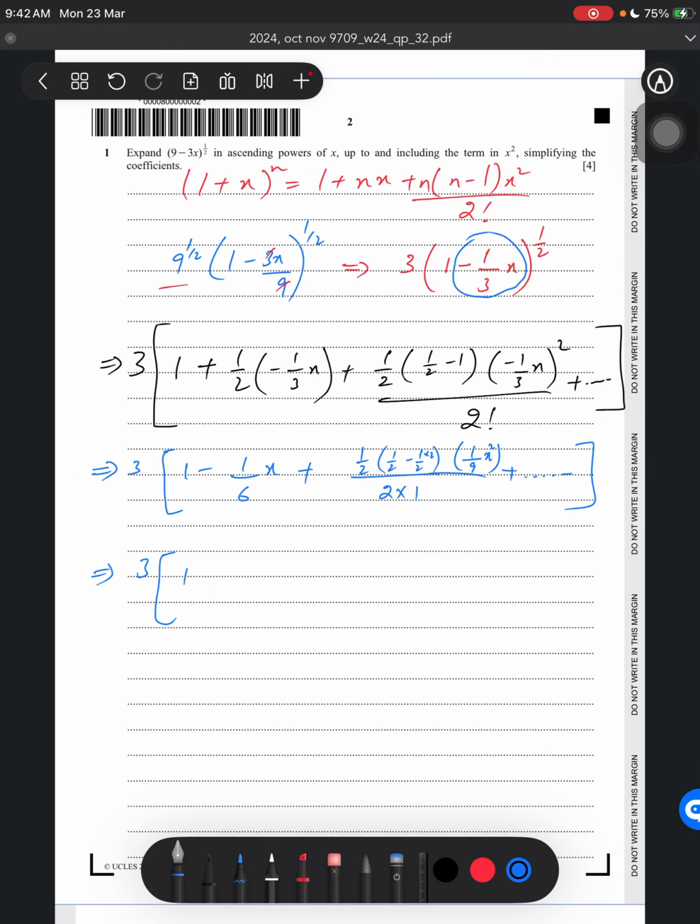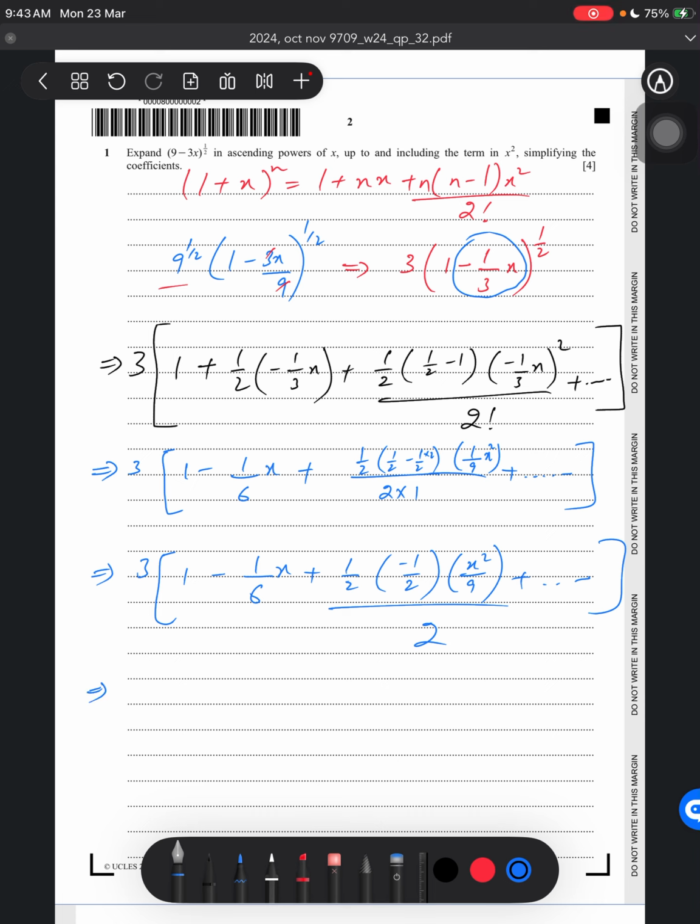Almost done. Minus x over 6 plus, and this would give you a multiplication with minus half, and you can write x squared over 9, plus, and that's just 2.